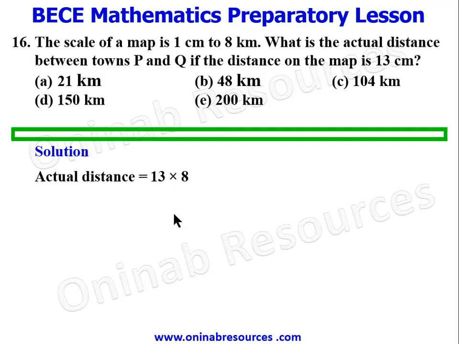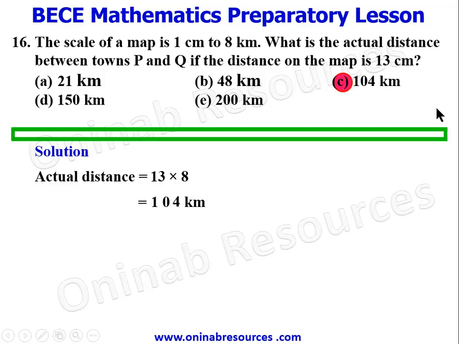So 13 centimeters will just be 13 times 8. And 8 times 3 is 24. You write 4, carry 2, 8 times 1, 8 plus 2, 10. So the actual distance is 104 kilometers. And that's option C.